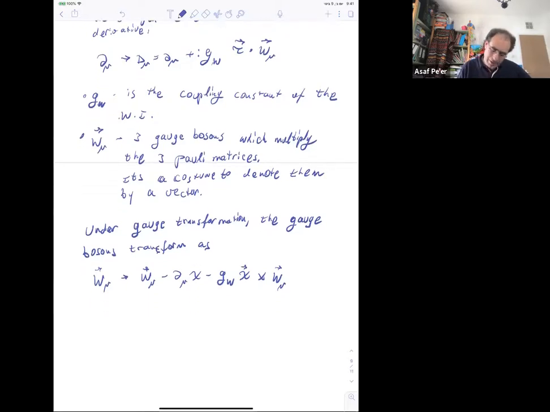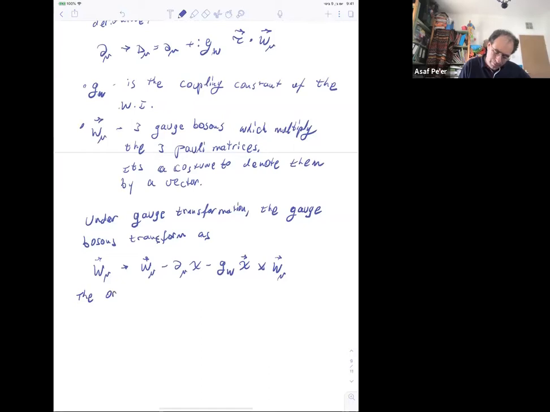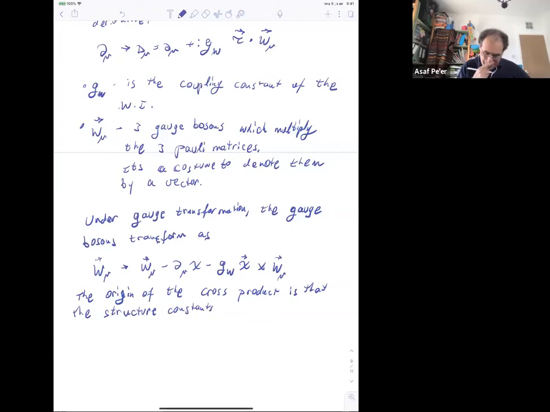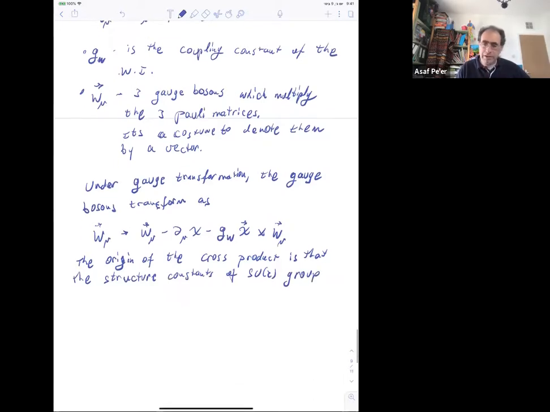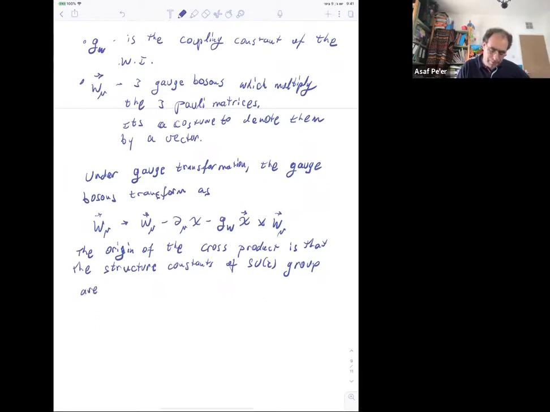That is the origin of the cross product. You're all familiar with those, right?